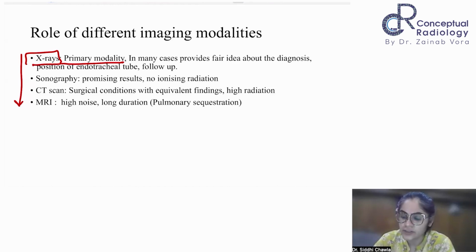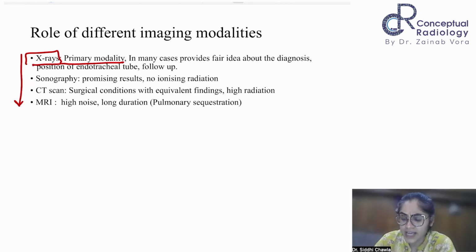All these pathologies that we are going to read, most of them look similar on X-ray. It is just the clinical presentation, the age of the patient, which tells us that this particular finding can be the answer, right?